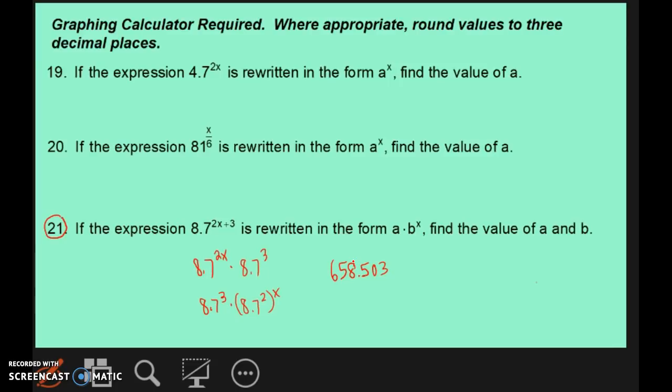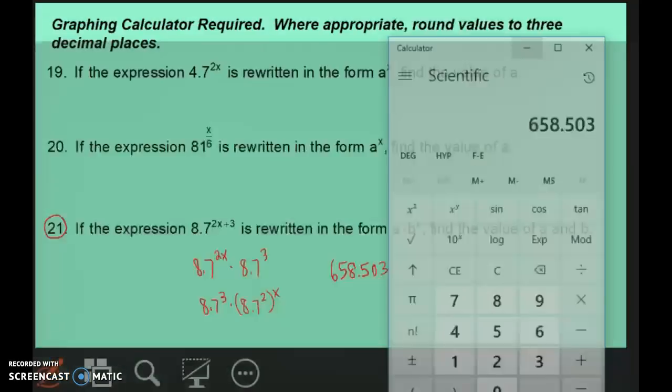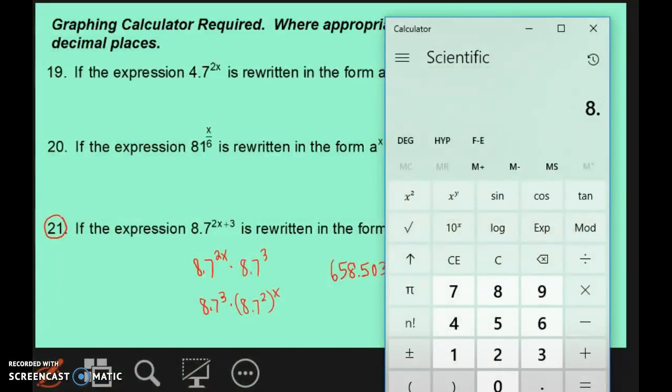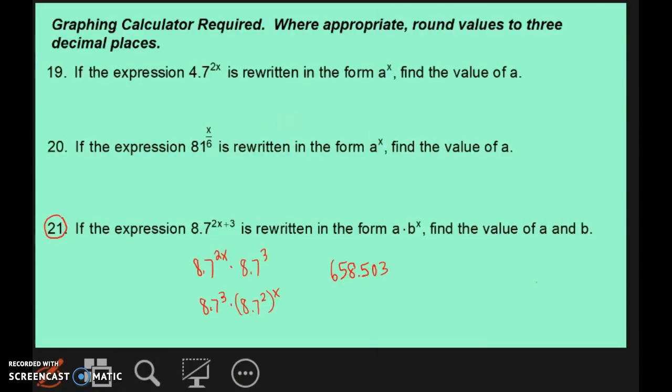I need to find out what 8.7 to the second power is. 8.7 squared is 75.69. That becomes my base, 75.69, taken to the x power. So that's my expression, with all values rounded to 3 decimal places where appropriate, and that gives me my exponential expression.